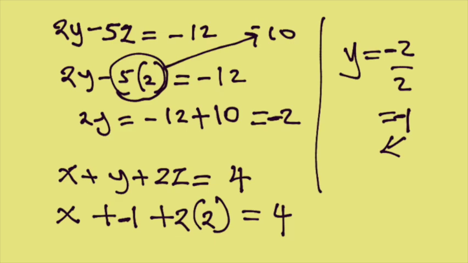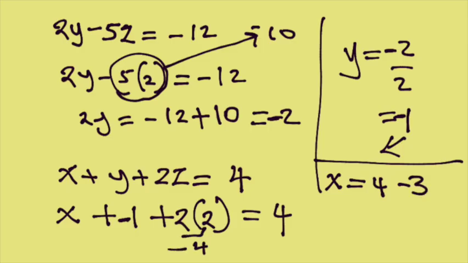This is as good as saying x is equal to 4 minus 3. I mean, this is 4, then subtract 1 will give you 3. Then you take it to that side, then x is equal to 1. This is the backward substitution. Thanks for your time.